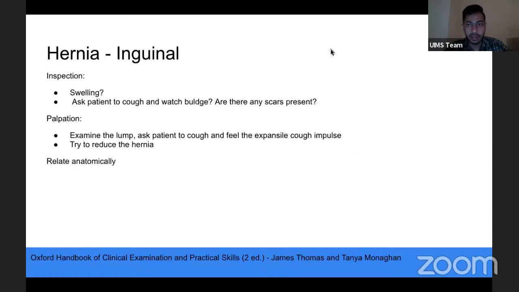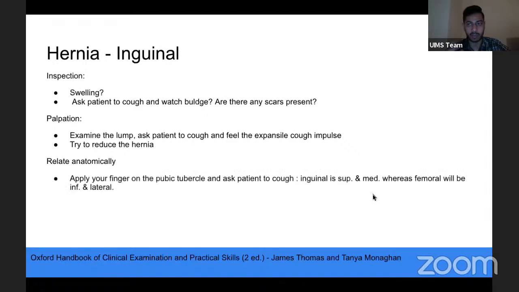Then we should try to relate it anatomically. You might be thinking, why do we need to relate it anatomically? That's because we need to know, what type of hernia is this?